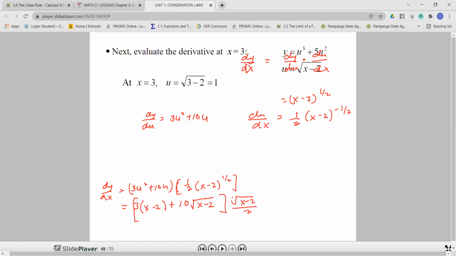So, find this. They just said here, at x equals 3, so what will happen? At x equals 3, there's no problem here. So, here we just evaluate the derivative at x equals 3.